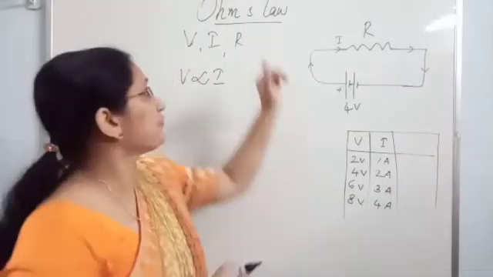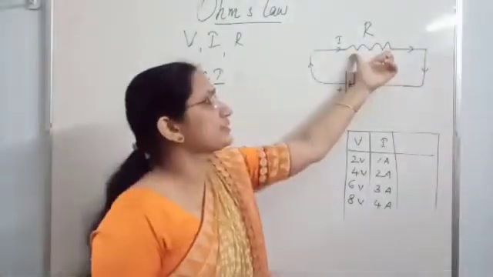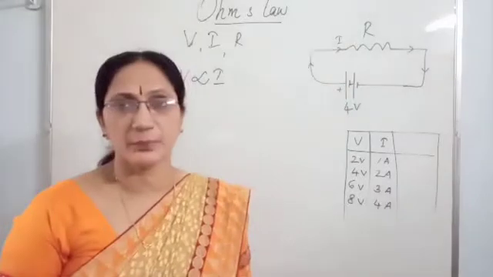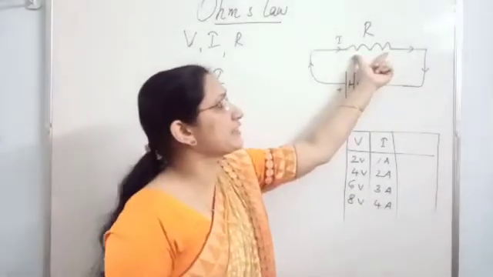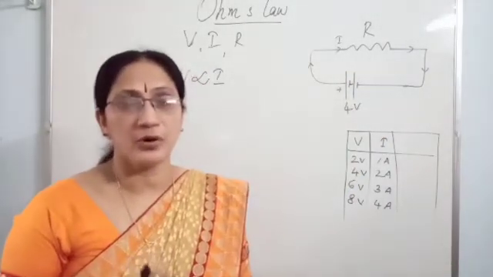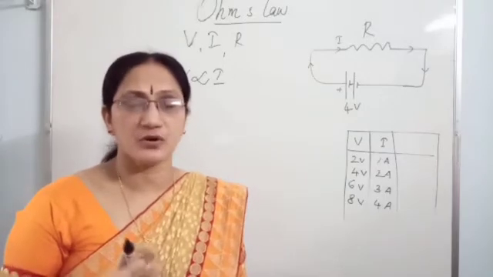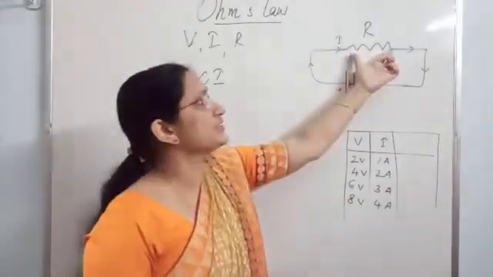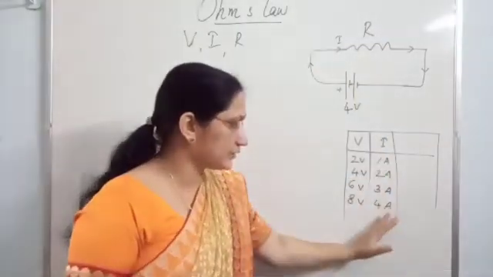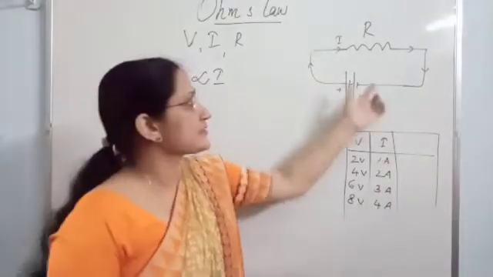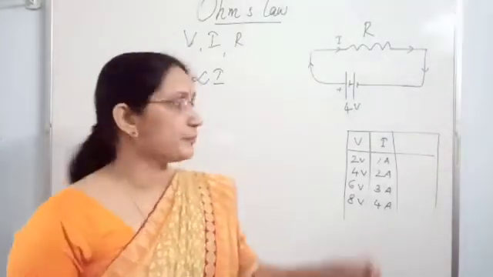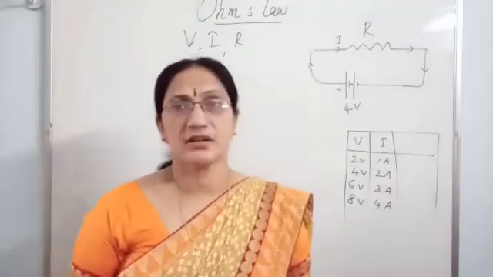So the complete statement for Ohm's law is, for a conductor, the potential difference across it and the current flowing through it are directly proportional if all the physical conditions of this conductor remain constant. You should not make any change in the temperature or length or thickness of this wire while doing this experiment. Throughout the experiment, the same wire must be used at the same temperature and in the same condition. Then you will observe a proportionate change in the V and I values.